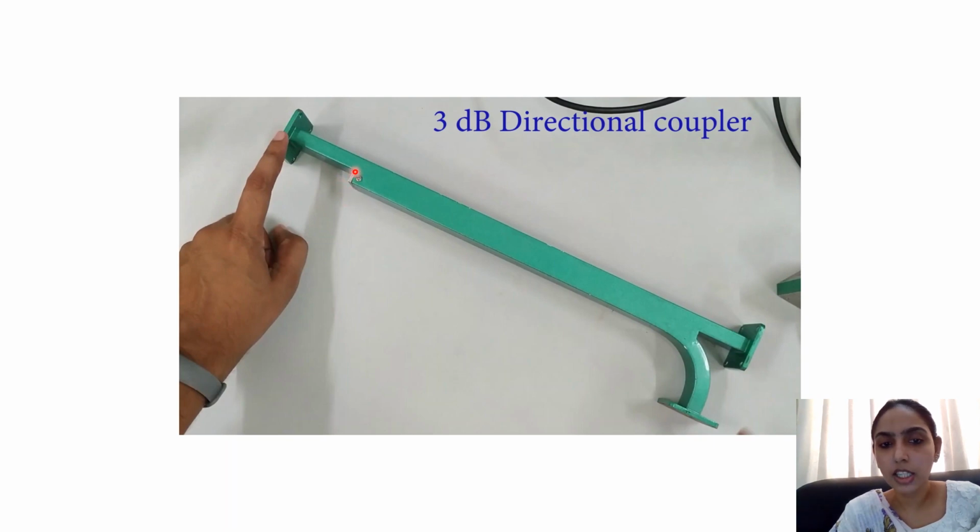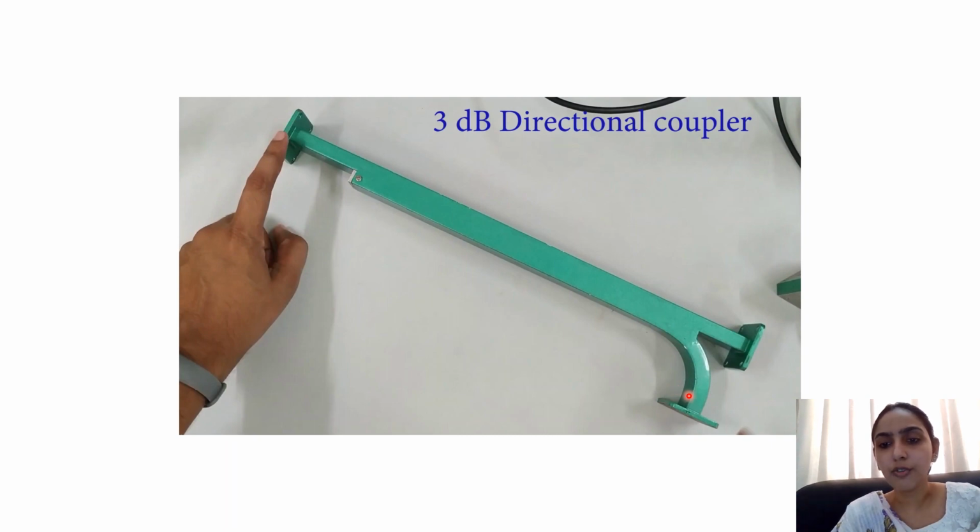Now our matched port here is the isolated port. So if you are placing the coupler in this manner, this is the input port, this is the throw port, this is the coupled port, and this is the isolated port. There are many parameters in a directional coupler. If we want to find the coupling factor, the coupling ratio, it is between the powers of this first port and the coupled port.